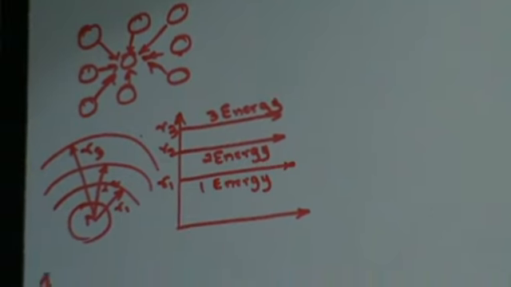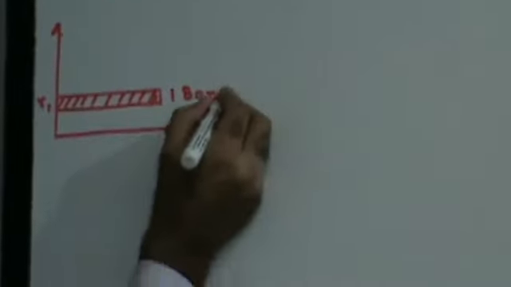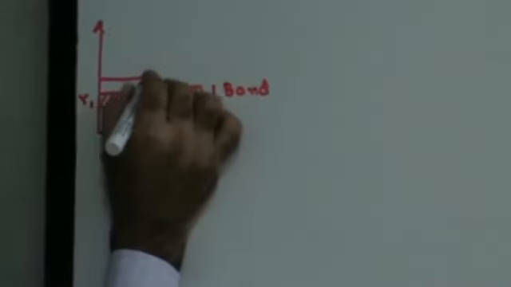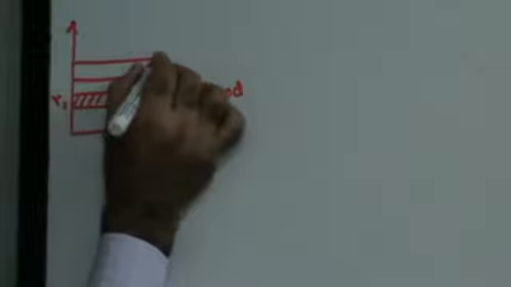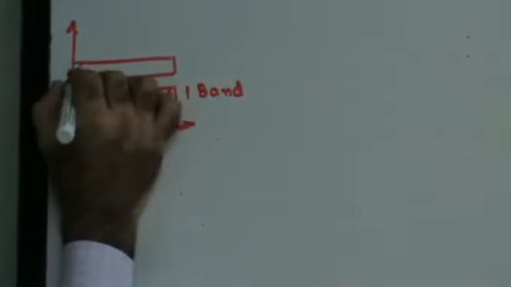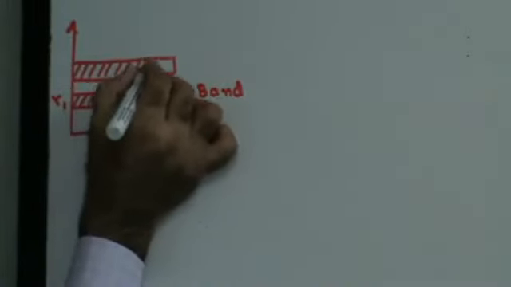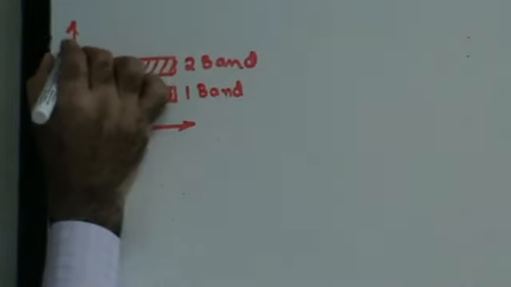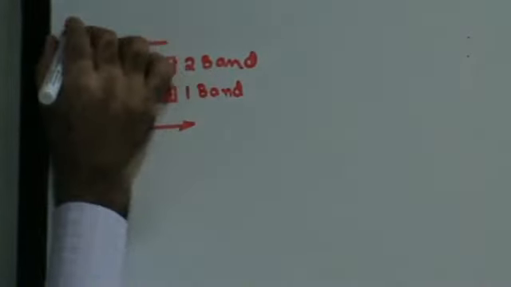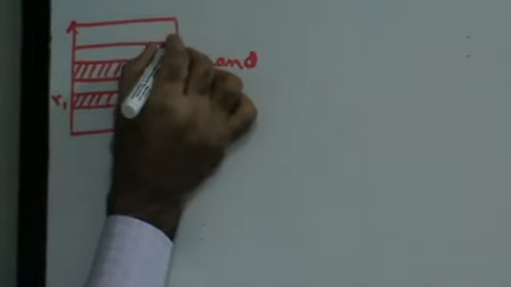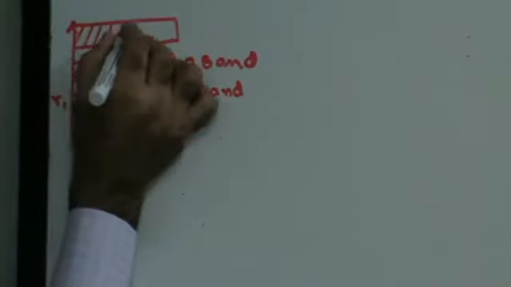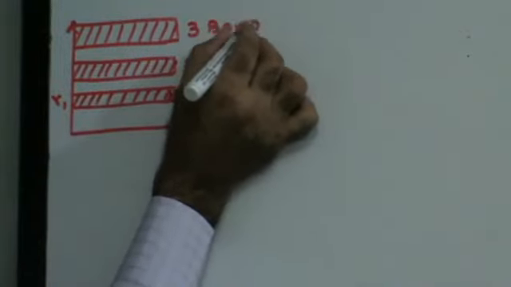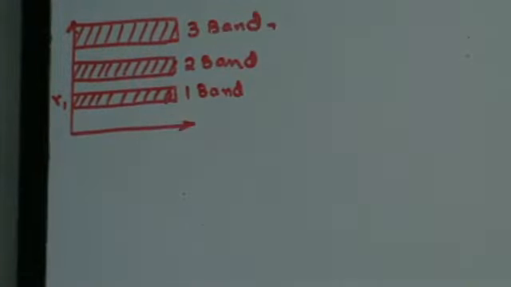This will be called the first band. This will be called the second band, and similarly this would be called the third band. So instead of having a single energy level, you would have a band of energies.